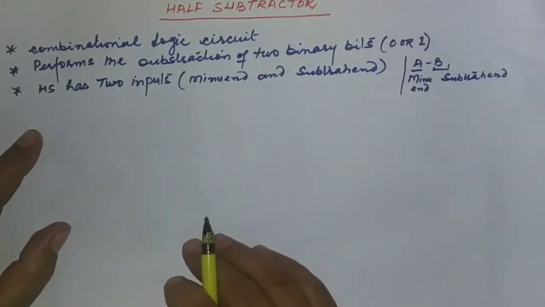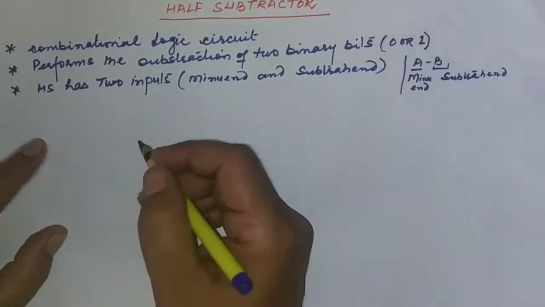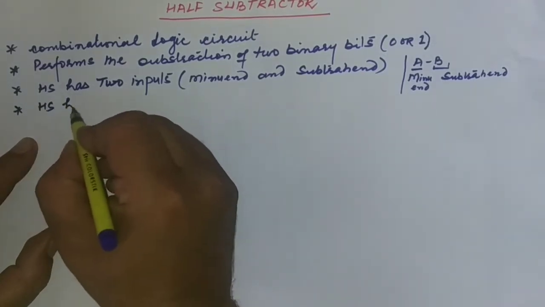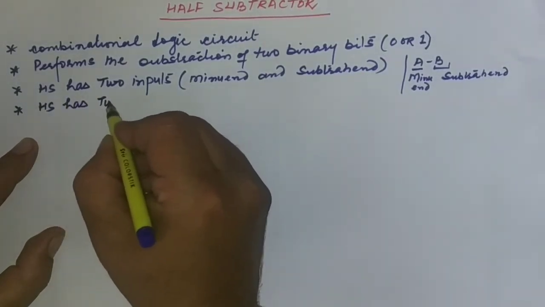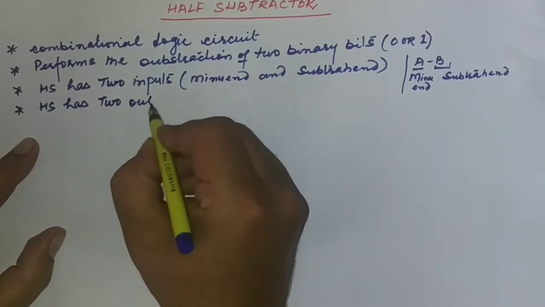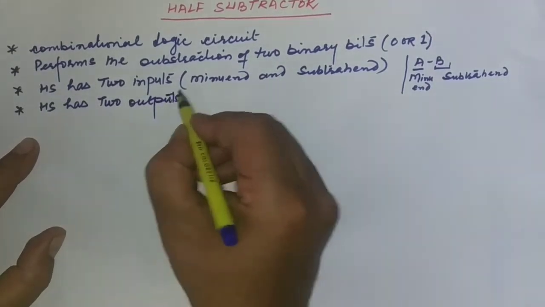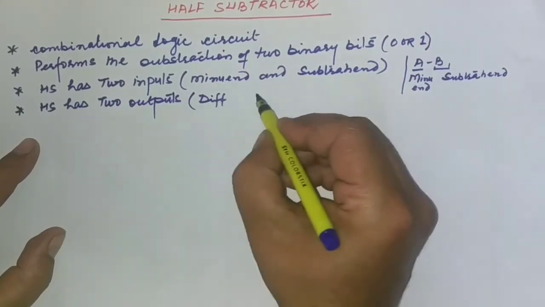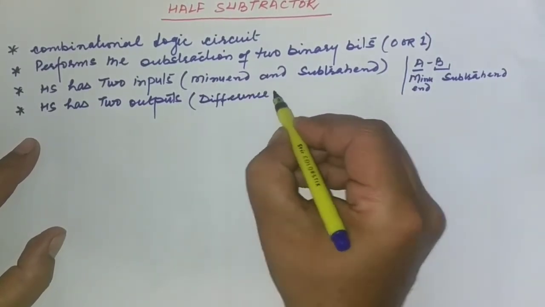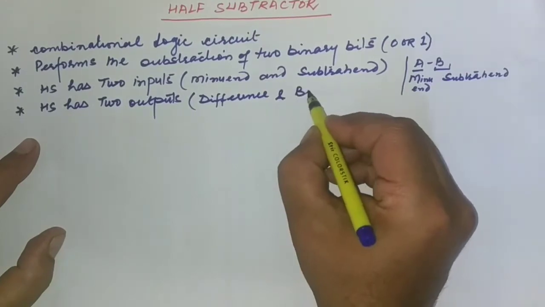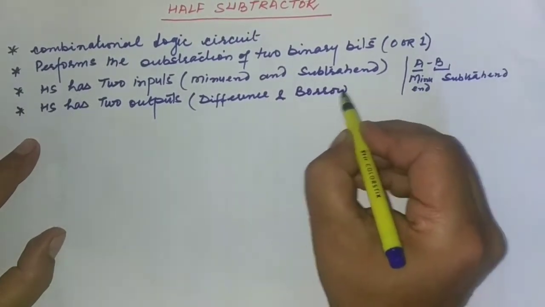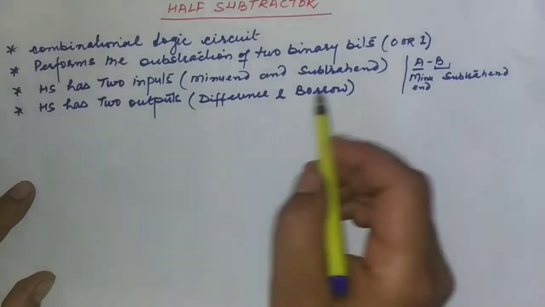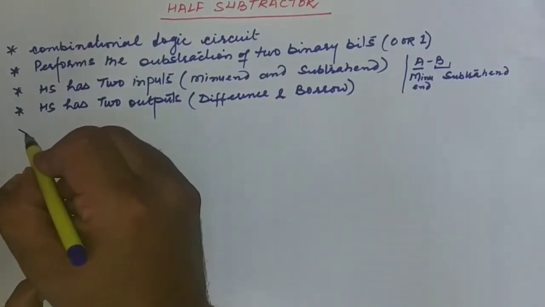So these are two inputs, and half subtractor has two outputs. One is known as the difference of these two numbers. So one is difference, and if we need to have borrow, then the second output is borrow. So it has two inputs and two outputs.